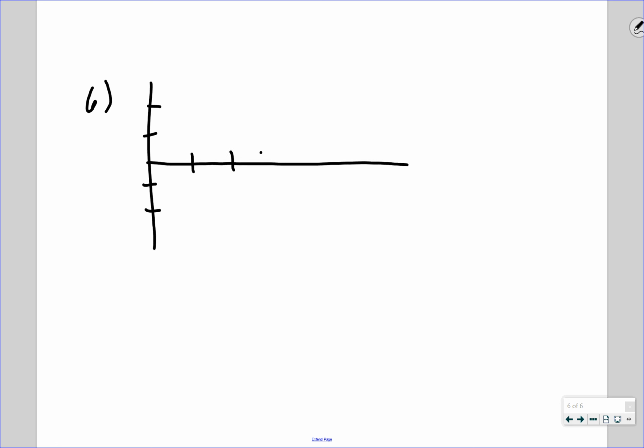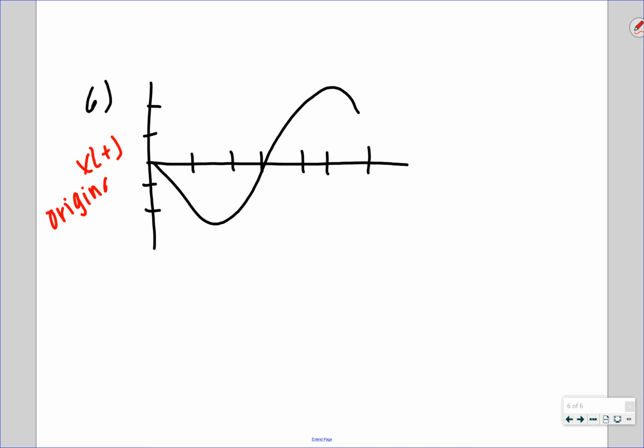Next, 6. I give you this graph. At 3, I cross through, kind of like that. That's good enough. A particle moves along a straight line. The graph of the particle's position x of t at time t is shown above for 0 to 6. So this is x of t, which is position, my original function.